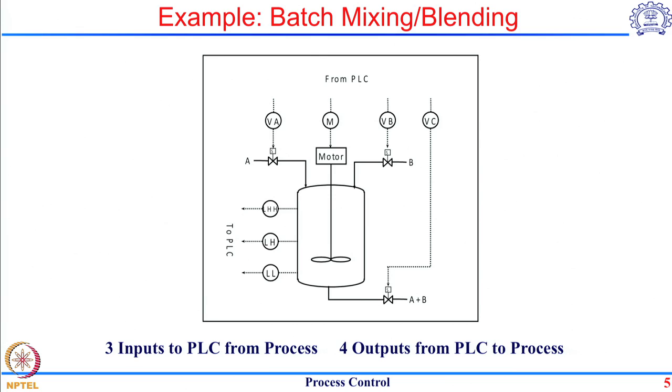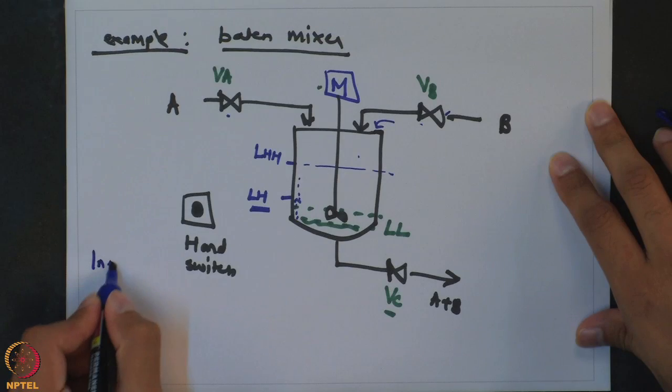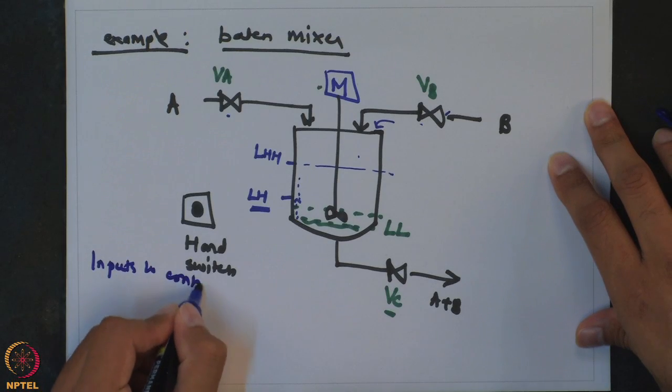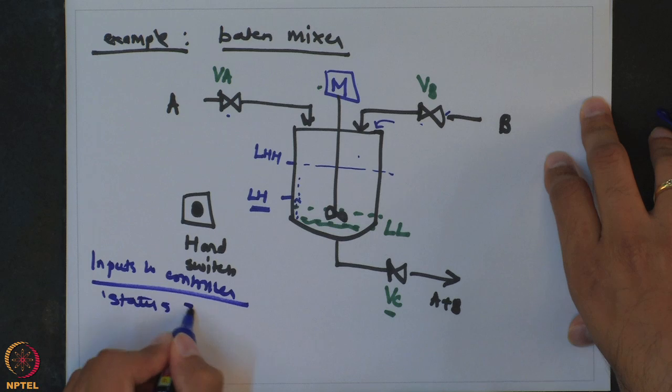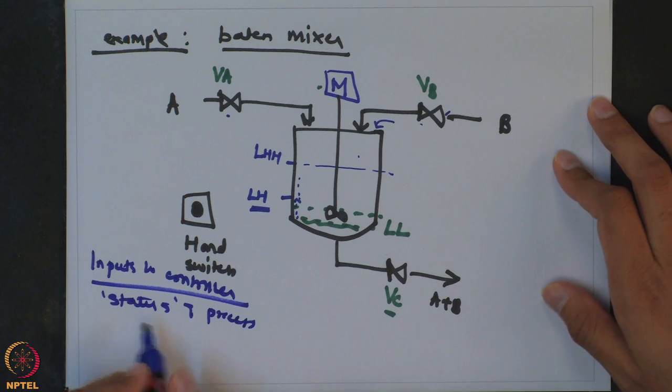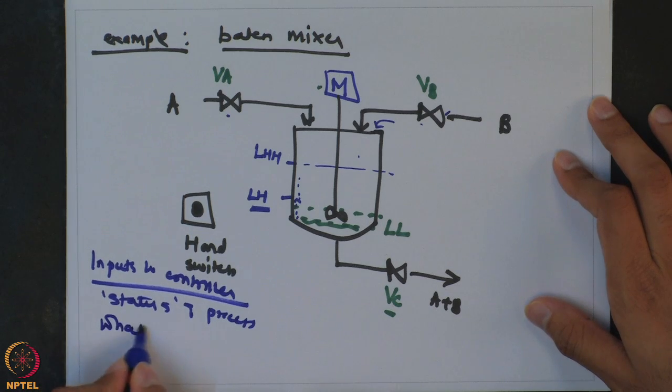For that, what the process needs is some inputs from the system. For this system there are three things the controller needs to know in order to decide what should be done. So, the inputs to the controller are the status of the process. Which things would give me the status? What is the level inside the tank?